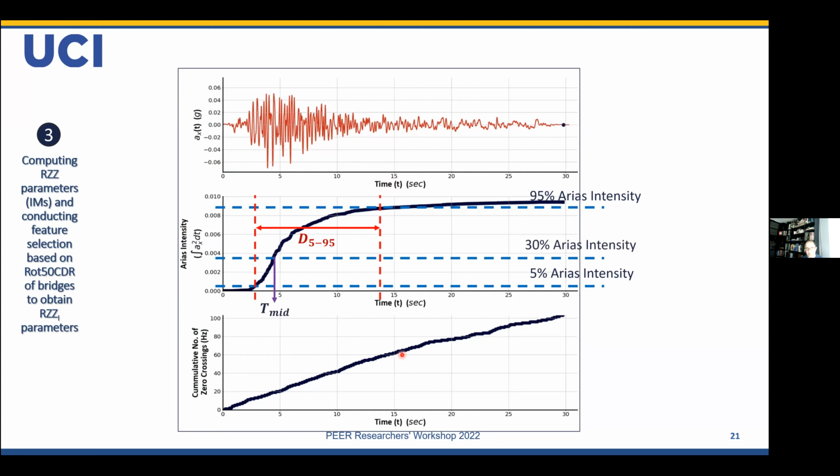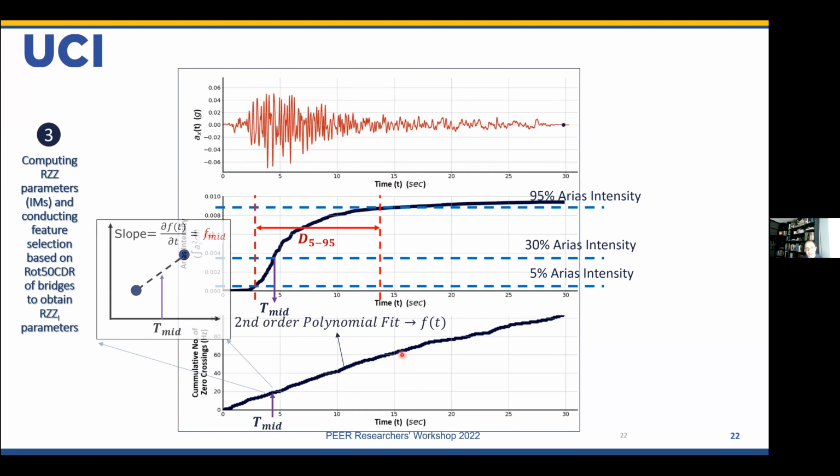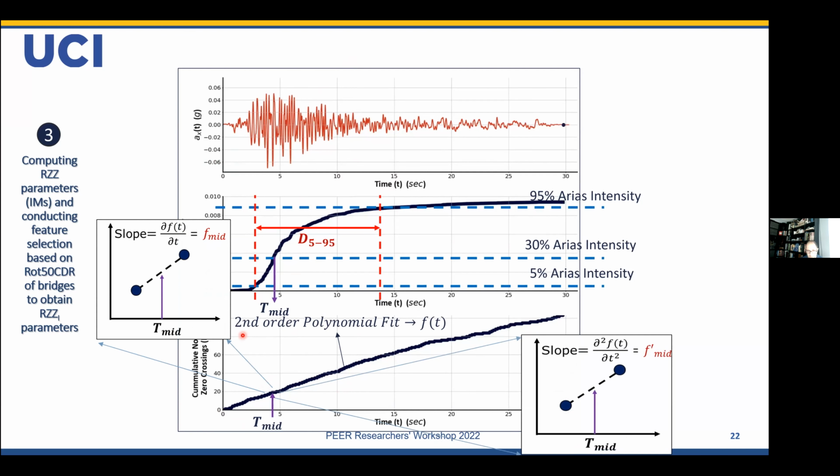The slope of this plot, if you talk about TMID, is a surrogate for frequency content. And the slope of that slope, that means variation of the slope along time, is the changes in the frequency content. And there's another parameter, what is called damping, but it's not damping.